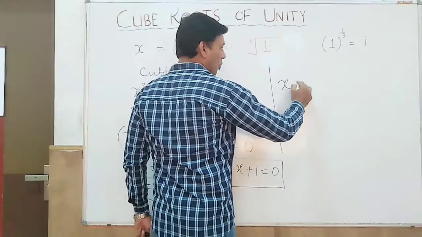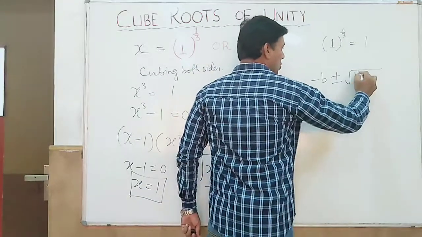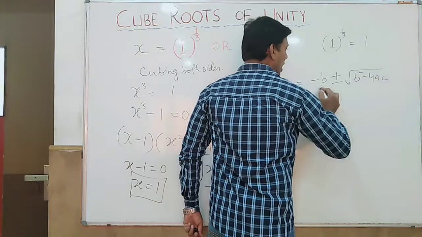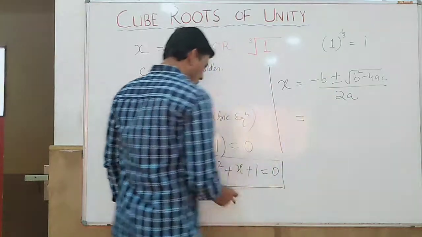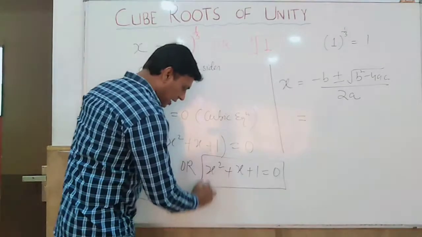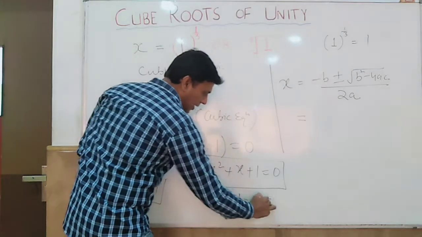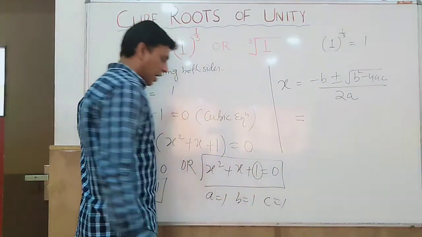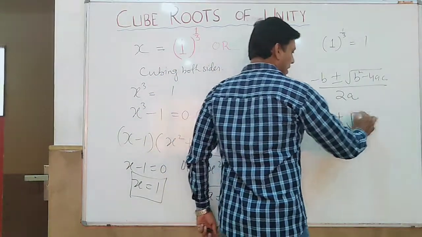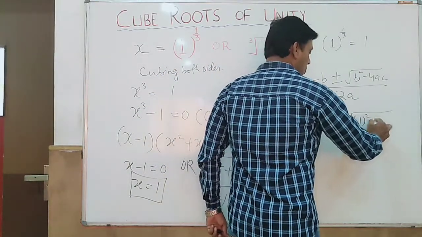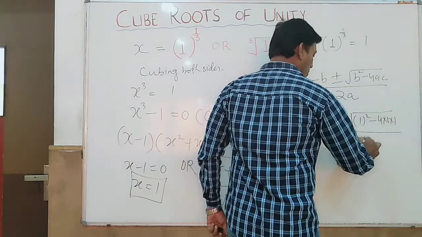So what is the formula? I am reminding you: x equals minus b plus minus square root of b square minus 4ac, upon 2a. Here a is equal to 1, b is also 1, and the constant c is also 1. So we substitute these values: minus 1 plus minus square root of 1 square minus 4 into 1 into 1, upon 2 into 1.